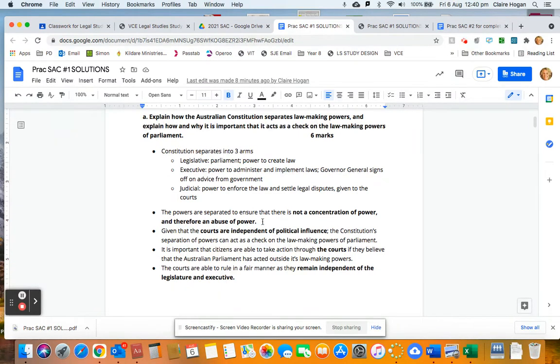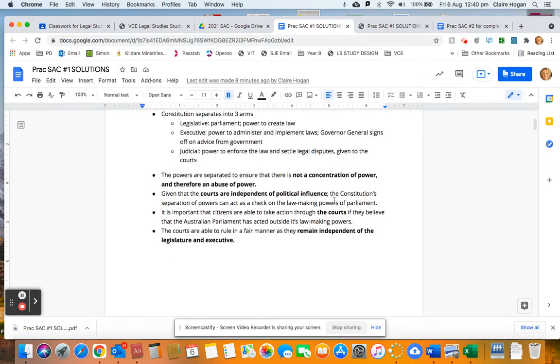It separates the power out so we don't have a concentration of power, and it makes sure that the courts are totally independent of any kind of political influence. Remembering the executive, although it's the Governor-General, it is the Prime Minister and the senior ministers, and the Governor-General is only ever acting on the advice of the government, so it is political. The courts, however, are completely independent of any political influence.